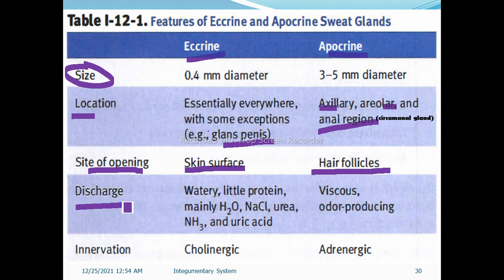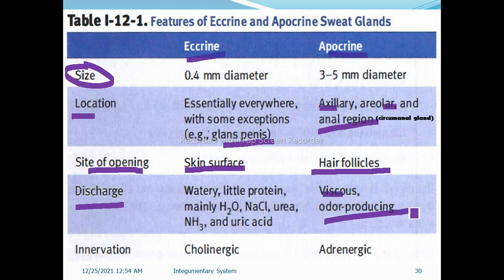The other is discharge content. The eccrine gland secretion contains mainly water, with little protein, sodium chloride, urea, NH3, and uric acid, whereas the apocrine secretion is more viscous, thick, and odor producing.